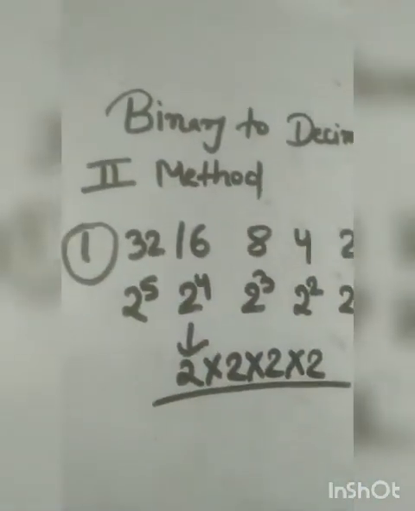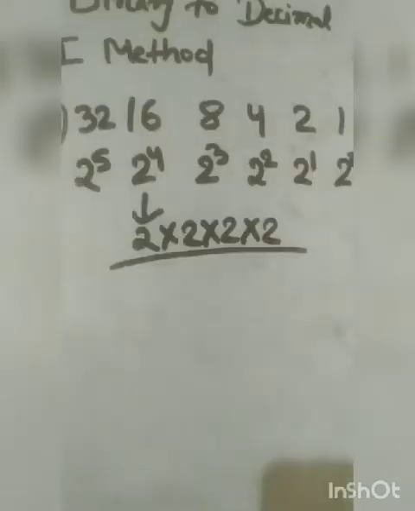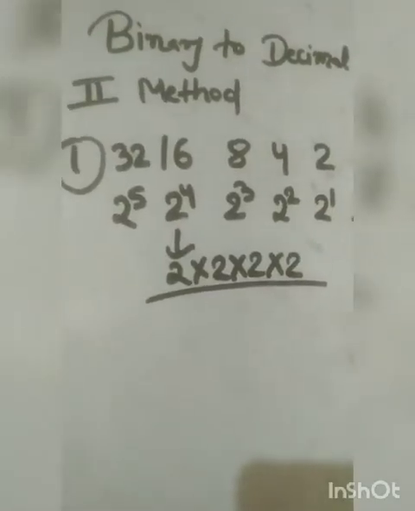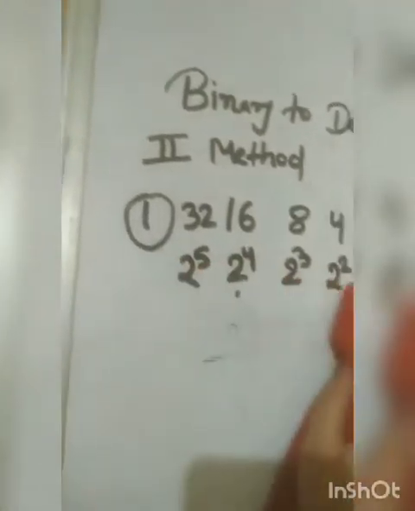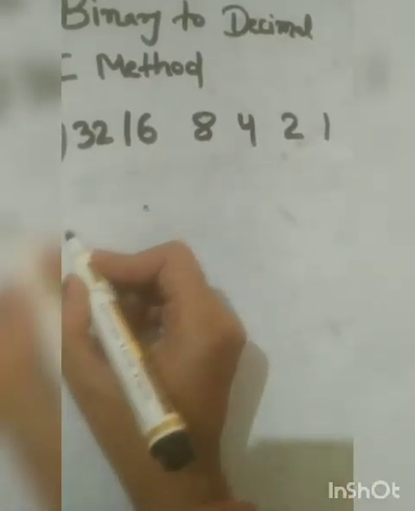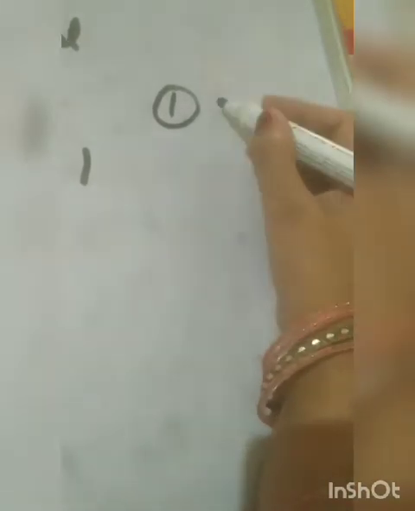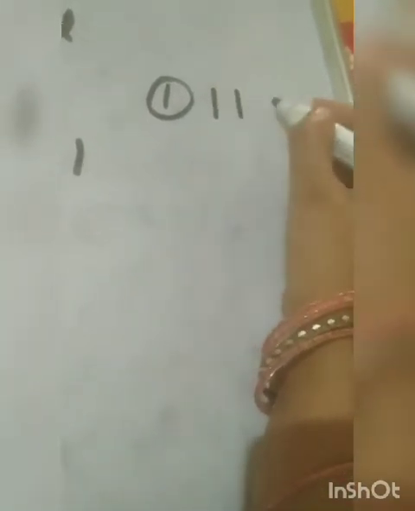So simply you can write this. Now I am going to show you how to convert. Suppose I have a binary number which I have to convert into decimal, that is 1101. So that is my binary number which I am going to convert.